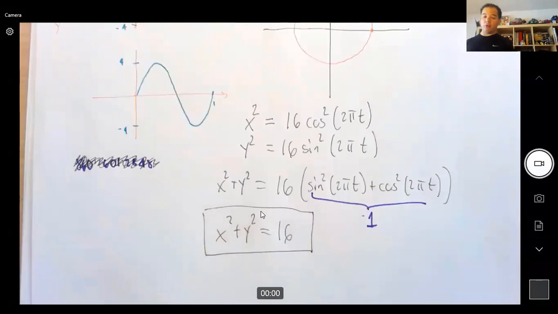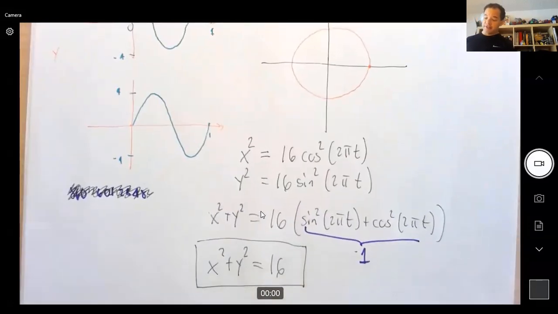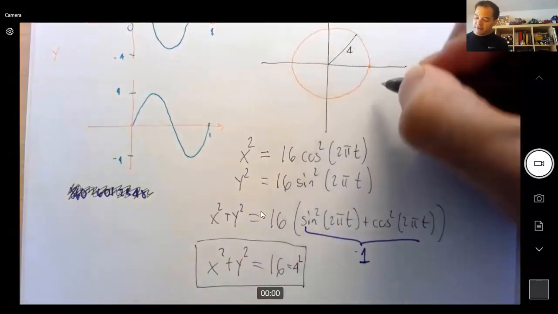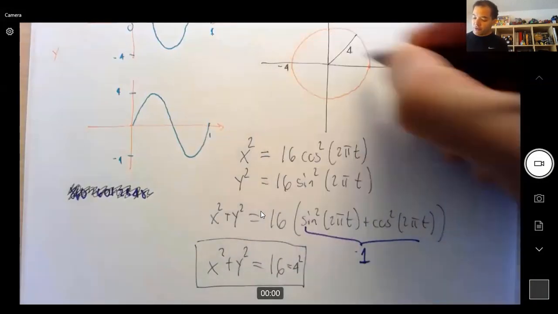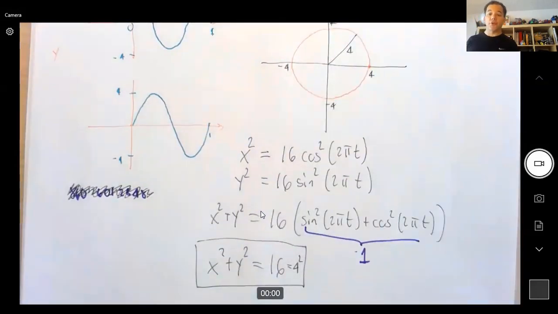And we're well aware what that is, right? That's exactly the graph of a circle, centered at the origin with radius 4. So it's exactly this guy over here, from -4 to 4, exactly like the one I showed you in my previous animation. All right? So that's a way.